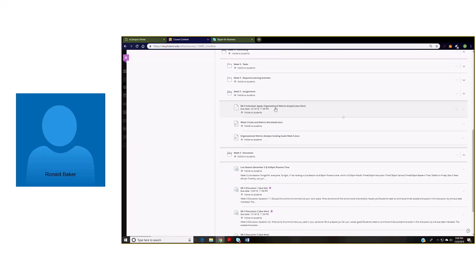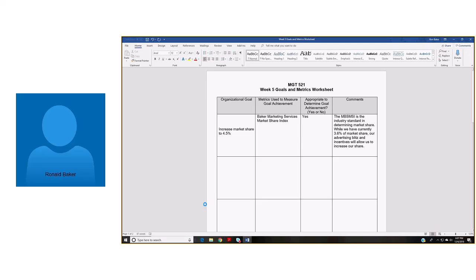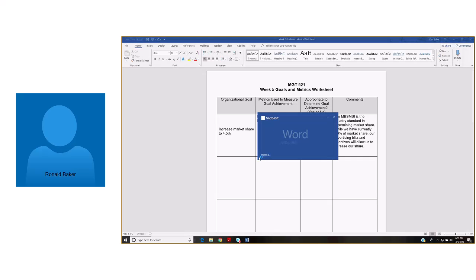Here's the worksheet under organizational metrics analysis, and here's the grading guide that I'm going to use. And I'll tell you why this is here. The assignment that came with the syllabus that I received, I didn't really care for. I think you'll get more out of it by using this organizational metrics analysis. And so I'm providing the materials here for you in this case.